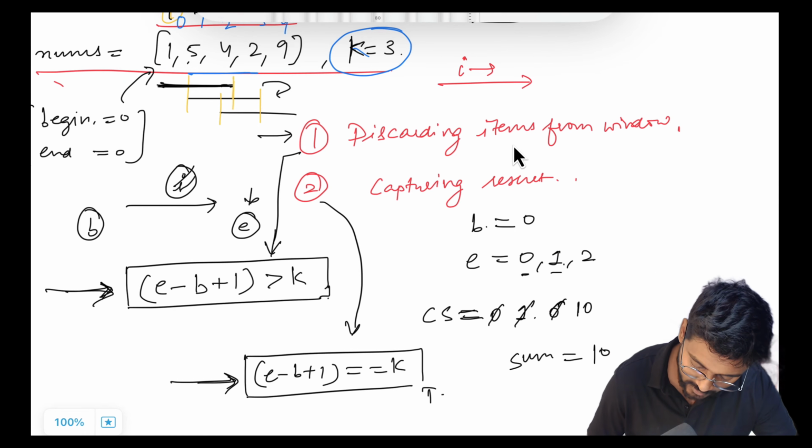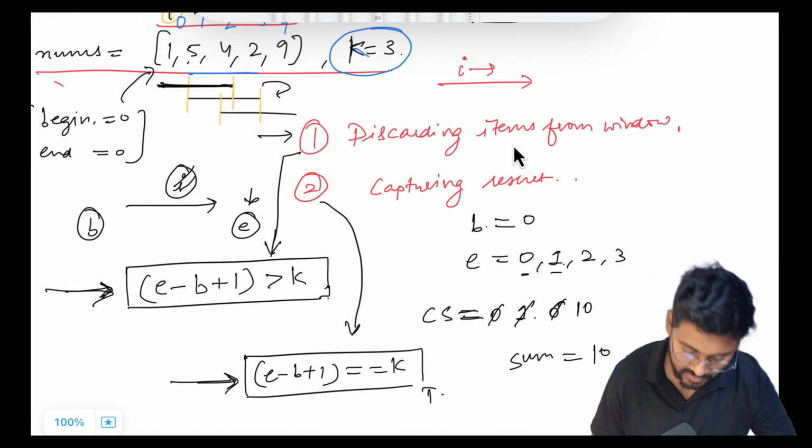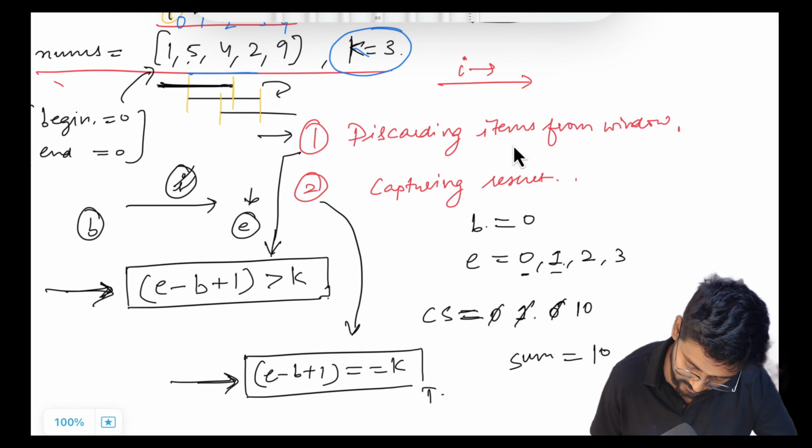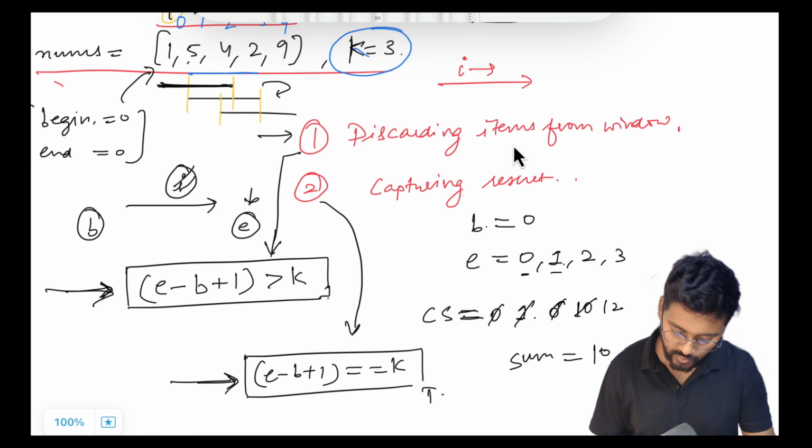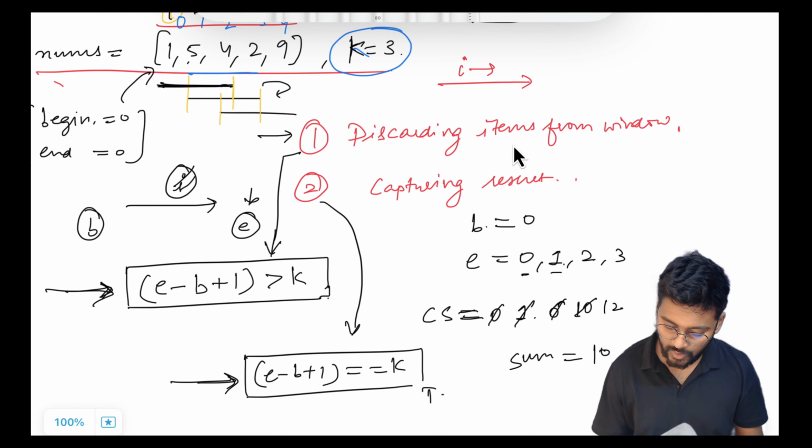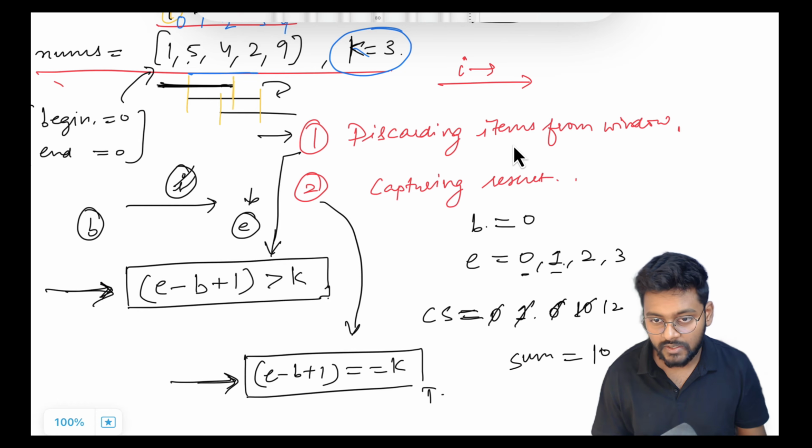When I further try to increment the window, the ending pointer will become equal to 3, index 3, and the current sum is 12. Now I will see, do I have to discard an element from the window? Window size has become equal to 4. Now I will discard items, and discarding an item means incrementing the beginning pointer.